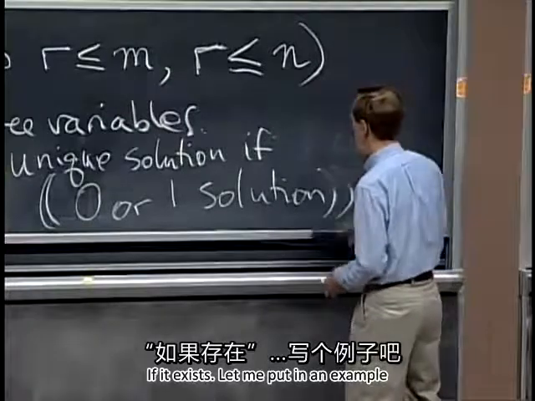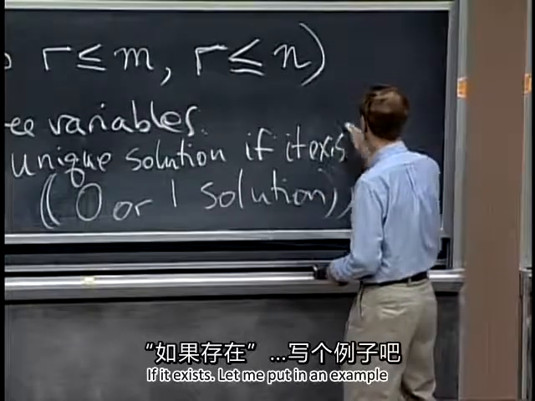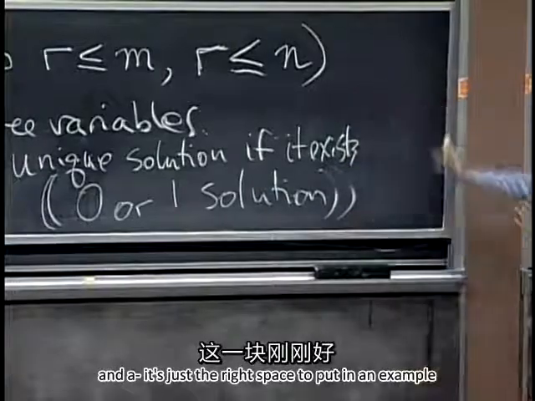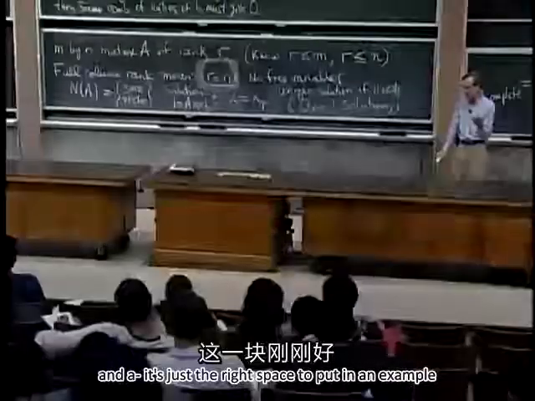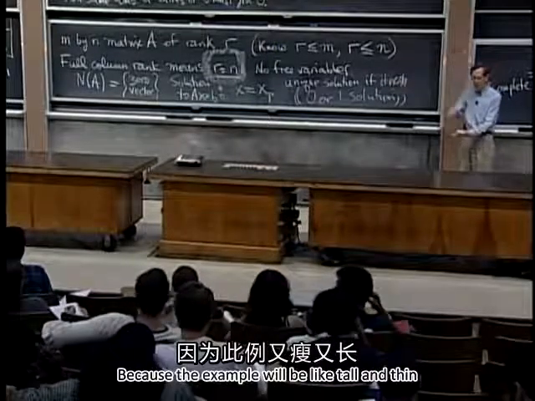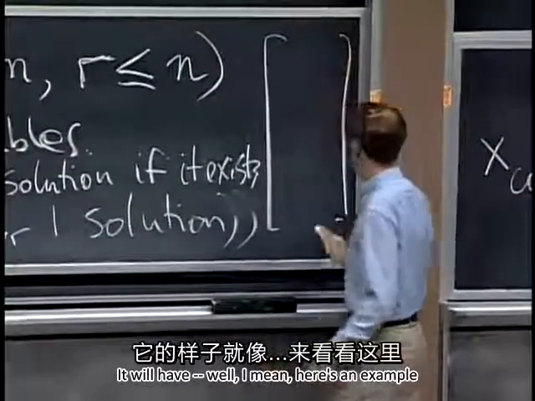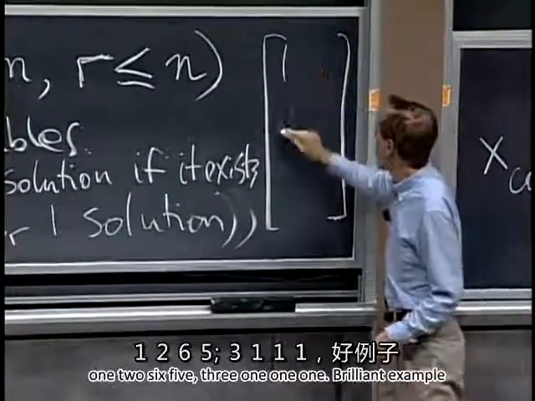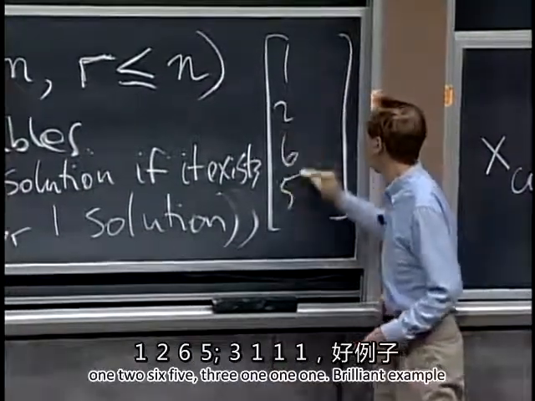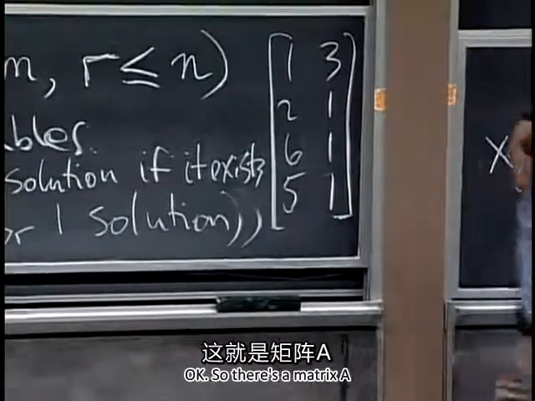Let me put in an example. And it's just the right space to put in an example, because the example will be tall and thin. Here's an example: 1, 2, 6, 5, 3, 1, 1, 1. Brilliant example. Okay.